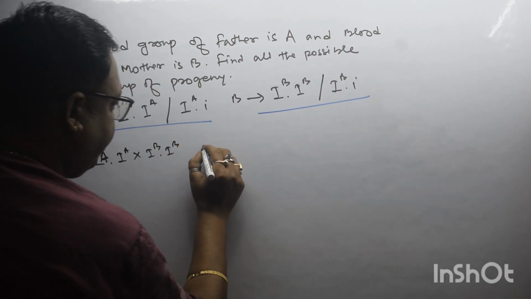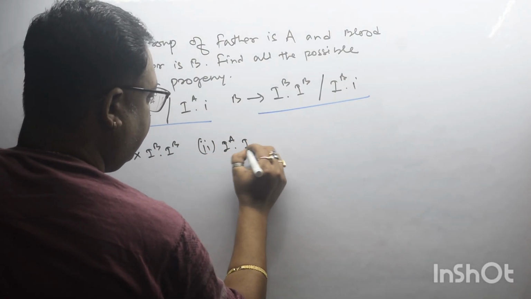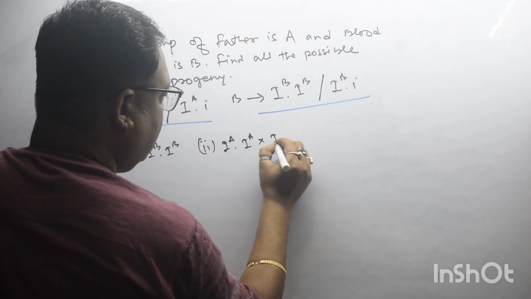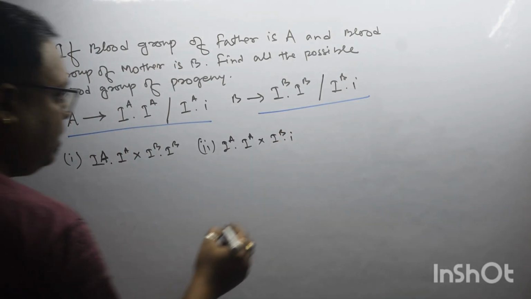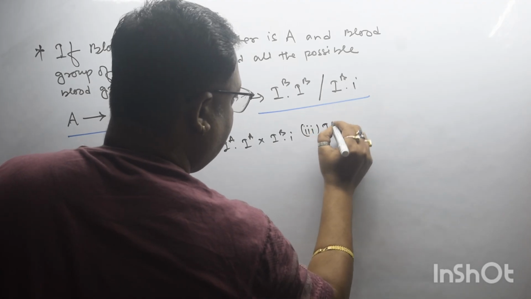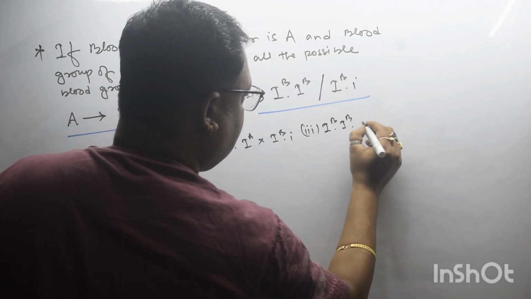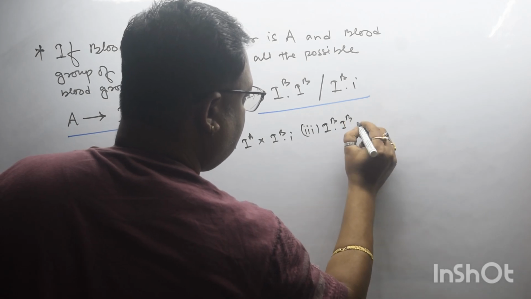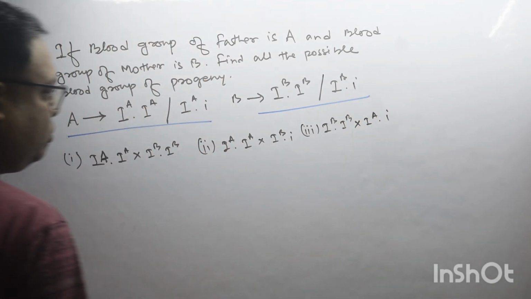Second, IA IA into IB small i. Third, IB IB into IA small i.